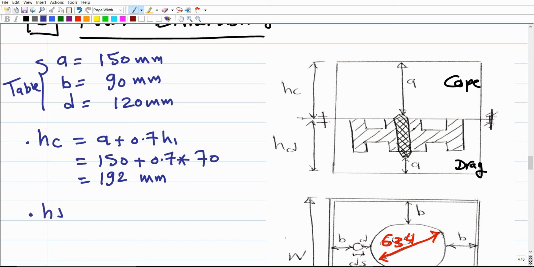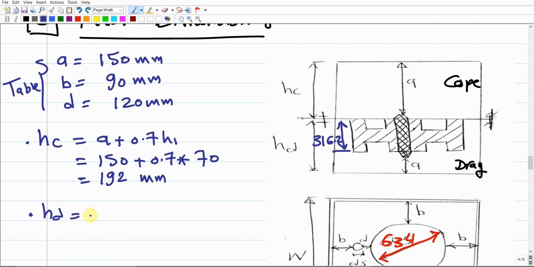Then do the same calculation for the H drag, for the drag part. The total height here is 300, right? But this 300 is what's already in the product. It should be converted into its equivalent value that we got from the table of the pattern, which should be 316.2, right? So this should be the total height. Then we add the H1, then we add the A value, to end up with the total height of the drag.